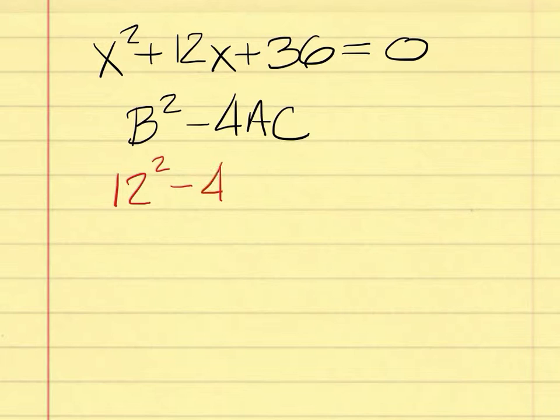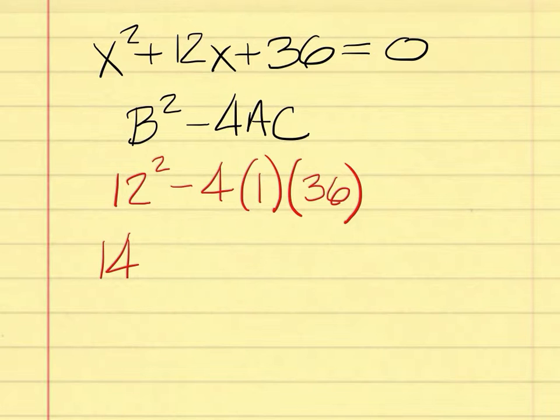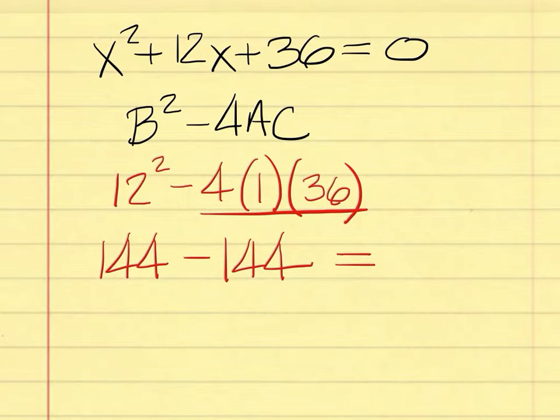What is a? And what is c? So 12 squared is 144, and 4 times 1 times 36 is 144. If you subtract the 2, you get 0. And when the discriminant is 0, how many solutions are there? One solution, yes.